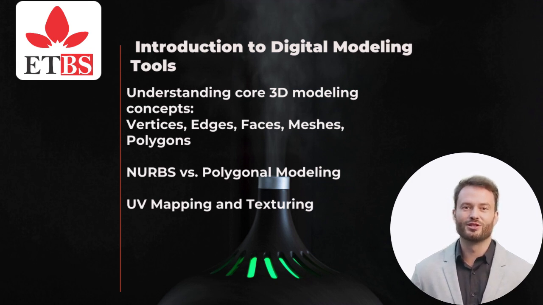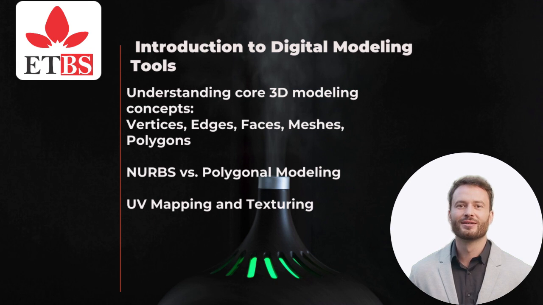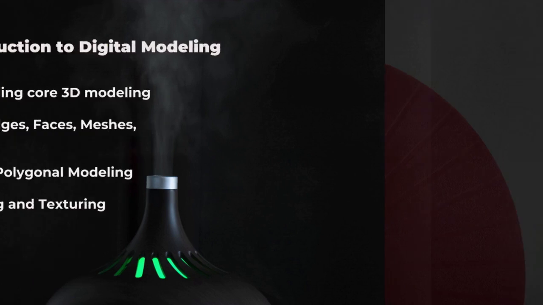Primary software tools introduced: ZBrush, digital sculpting with an intuitive interface, Dynamesh and detailing brushes; Blender, an open source powerhouse for mesh modeling, retopology and sculpting; Rhino 3D, industrial and architectural modeling with mathematical precision; Fusion 360, engineering-based modeling, parametric and mechanical sculpture; Substance 3D Painter, high-fidelity texturing and surface painting.